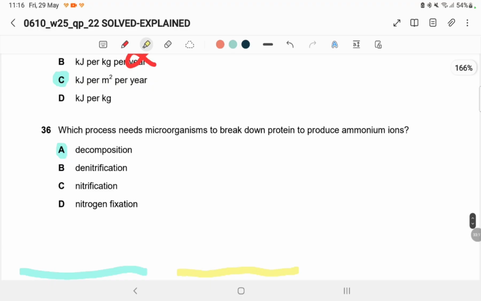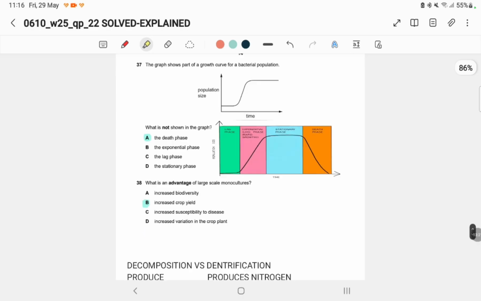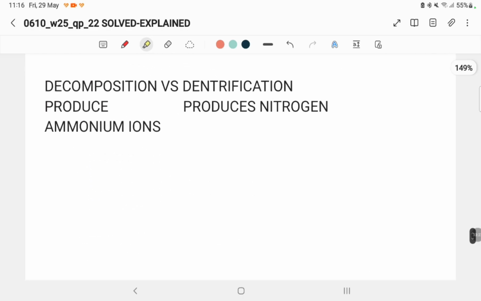Question number 36. Which process needs microorganisms to break down the proteins to produce ammonium ions? Decomposition. We learned before decomposition versus denitrification. Looking into your notes, decomposition produces ammonium ions, but denitrification is a totally different story: it produces nitrogen.